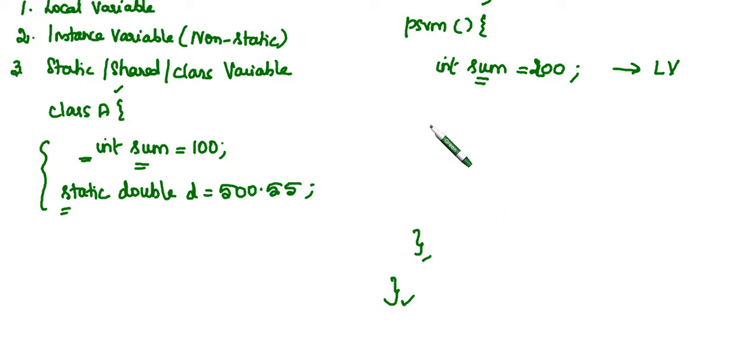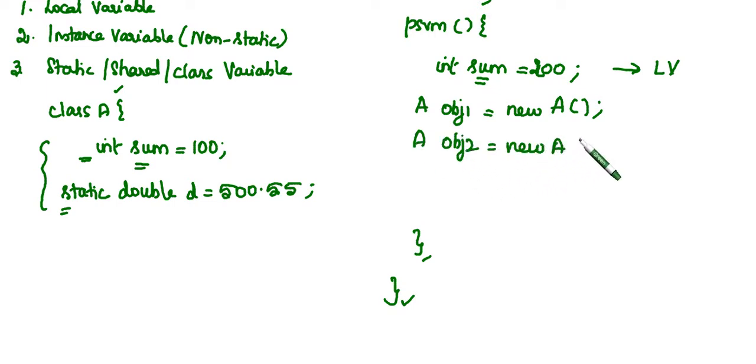And another thing you should know is this instance variable. For example, for this class, say I am creating three objects. Okay, obj1 equal to new A. Next, I am creating another object equal to new A. Next I am creating object 3 equal to new A. Okay, so we have three objects, right?